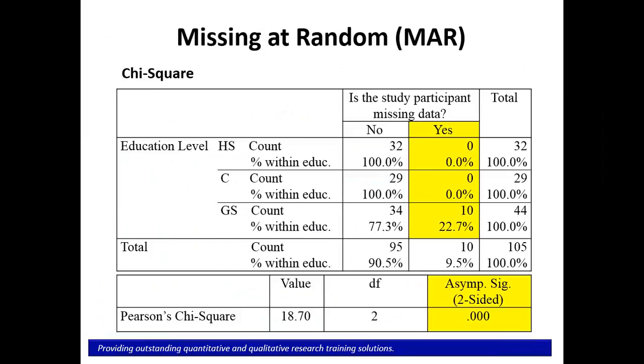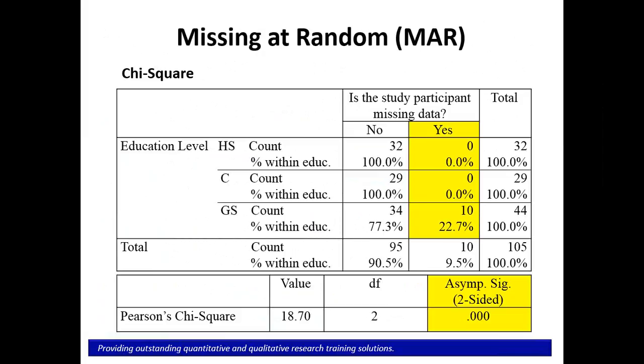So 0% of study participants at the high school level education have missing data. The same with college, 0%. So nobody with a 4-year college level education has missing data. But when we get to graduate school, all 10 of the study participants with missing data are in that category.